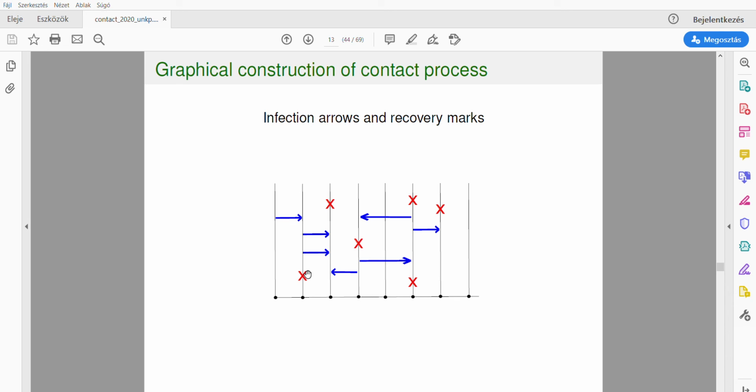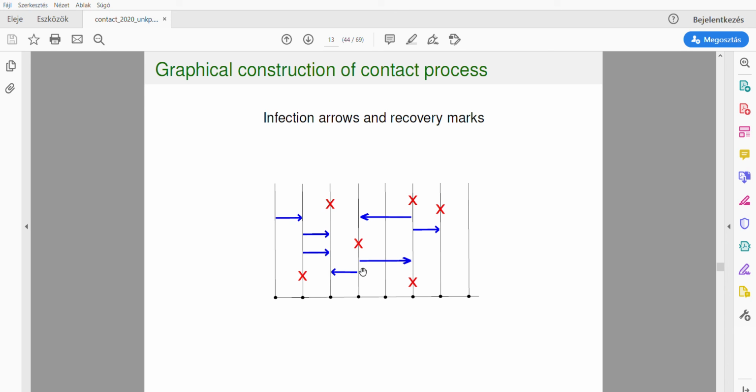That's a well-known property of Poisson point processes. And of course there might be other recovery marks later. And I also want to put Poisson processes of infection arrows with the appropriate rate.